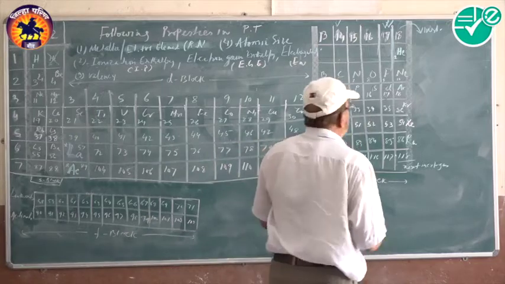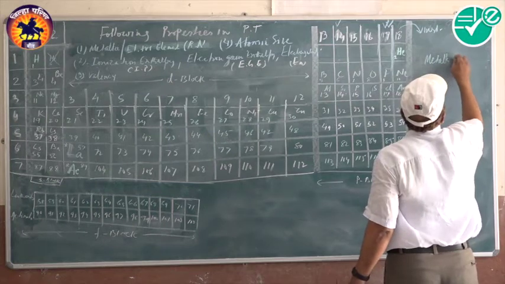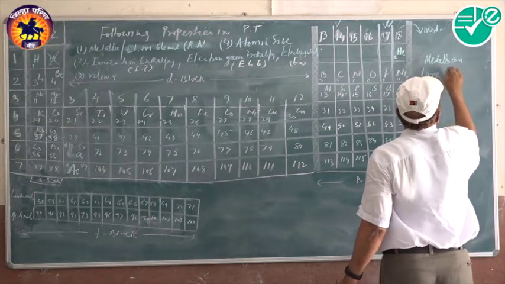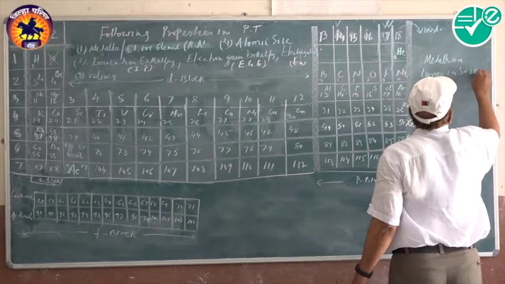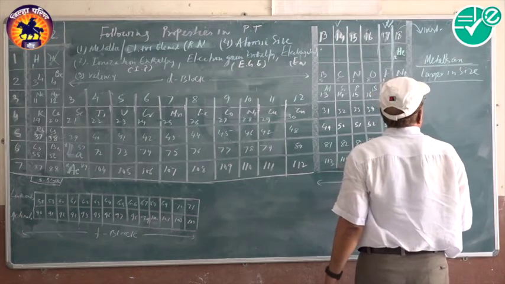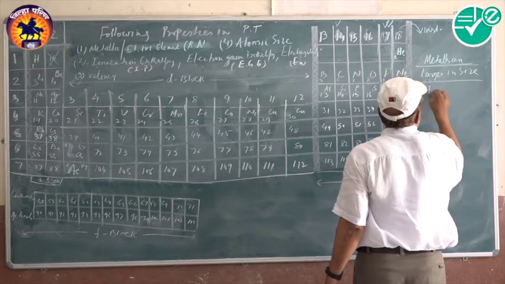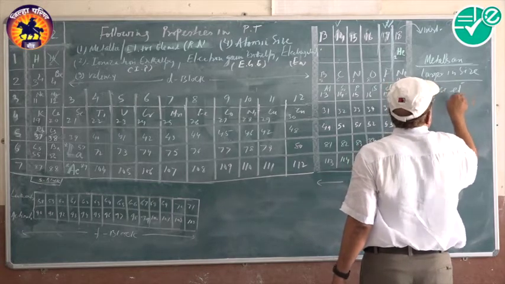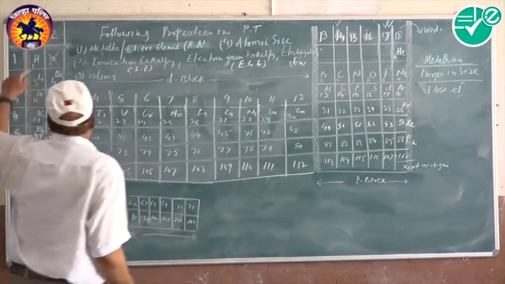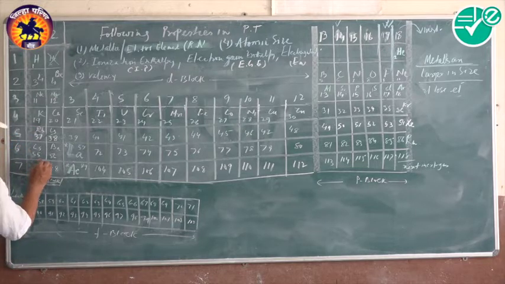See, metals are larger in size because they lost electrons. Take hydrogen, here lithium, sodium, potassium, rubidium, cesium as well as francium.